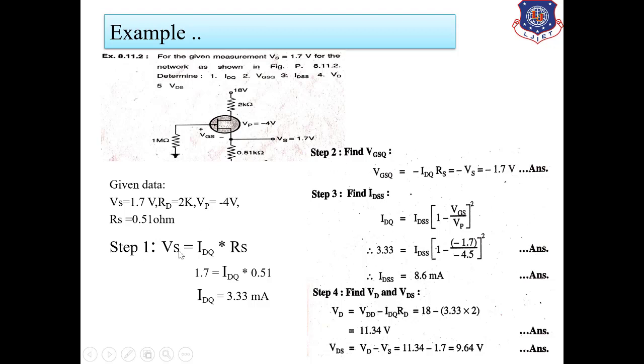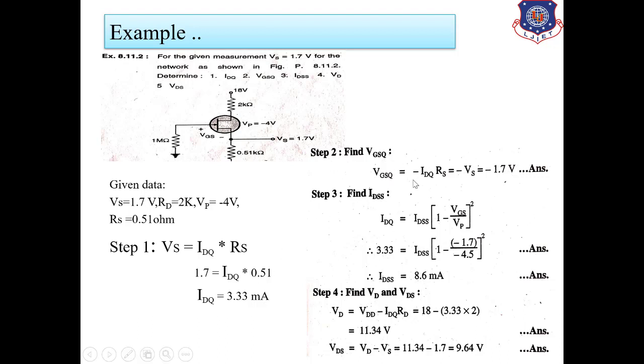In step 1, Vs you can find out easily as ID into Rs. Vs is given, ID is the question mark, and Rs is 0.51. So you can find out easily the drain current ID equal to 3.30 milliampere from the known parameters.